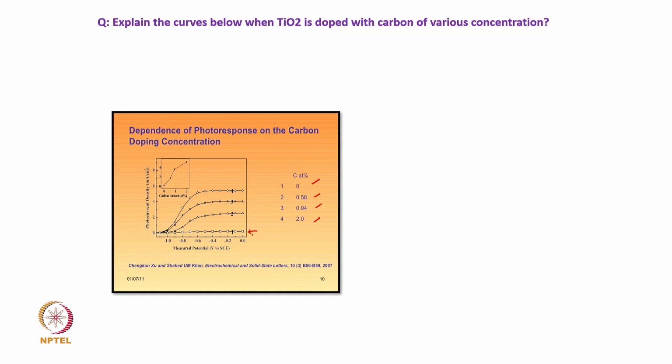Say you consider this one which is 0% and this one which is 2%, and if you look at the photocurrent, it is significantly enhanced, and the photocurrent enhancement is due to enhanced absorption of light.